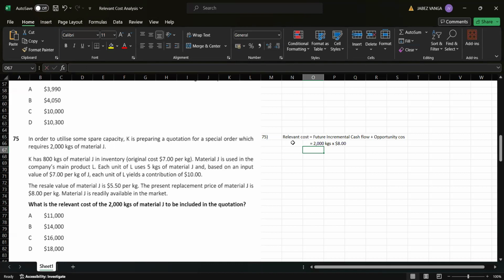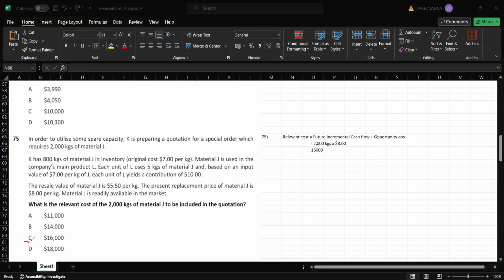So the relevant cost is equal to 2,000 into 8. So that is 16,000. Option C is the right answer. Let's take up the next question.